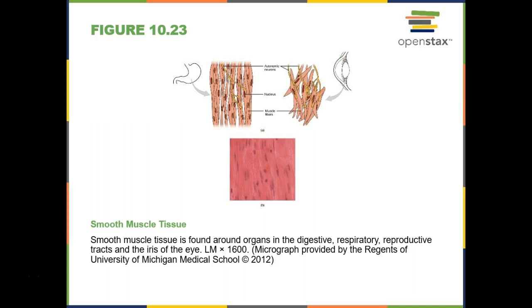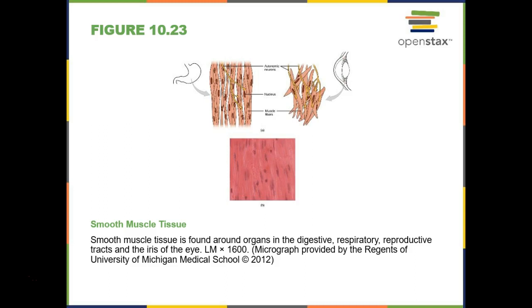They're called erector pili muscles. We have smooth muscle in the digestive system wrapping around all of our organs, allowing for movement of materials. We have smooth muscle in the cardiovascular system surrounding our blood vessels. Smooth muscle is found in the reproductive system and in the urinary system. So smooth muscle is found in a lot of our organ systems, and we talk about it all the time.